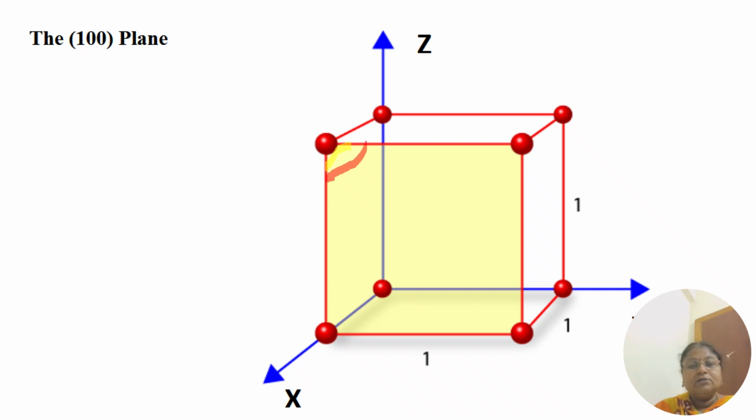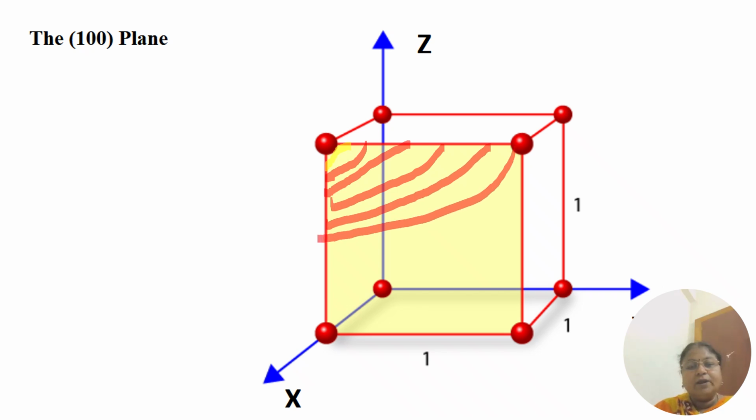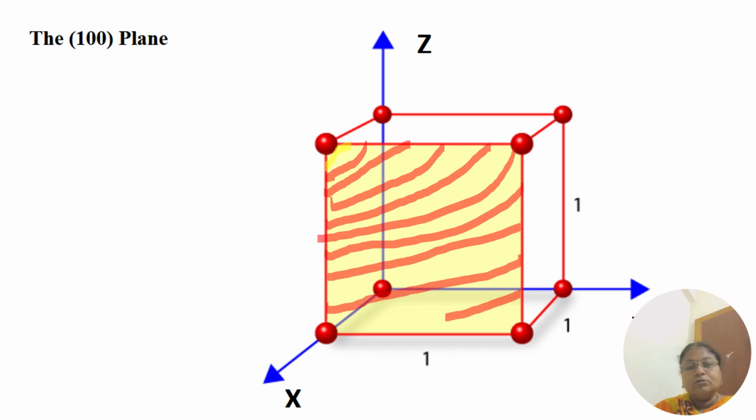So this is a structure. So this is going to be your 100 plane. The X value is 1, the Y value is 0, and the Z value is also 0.